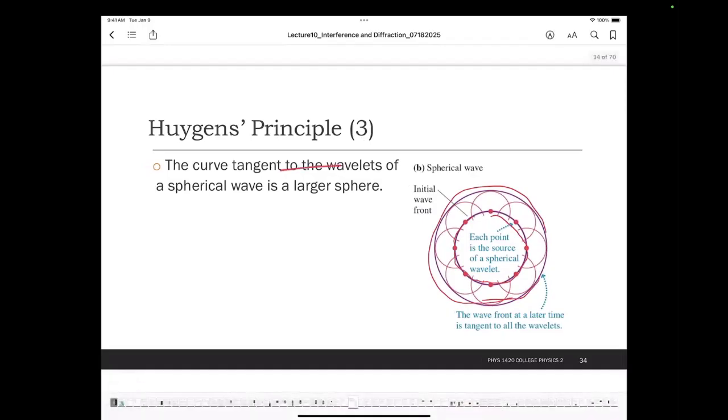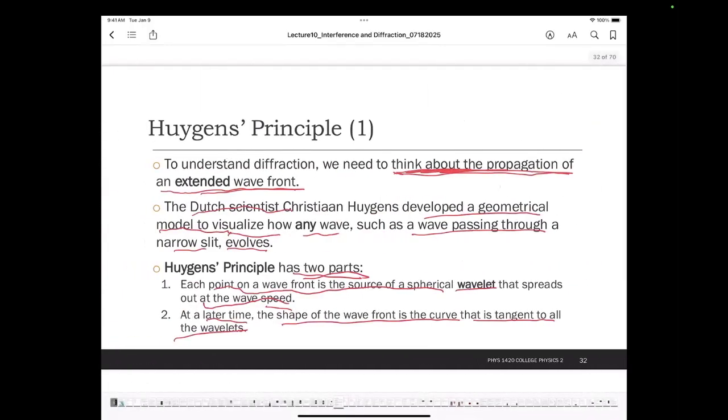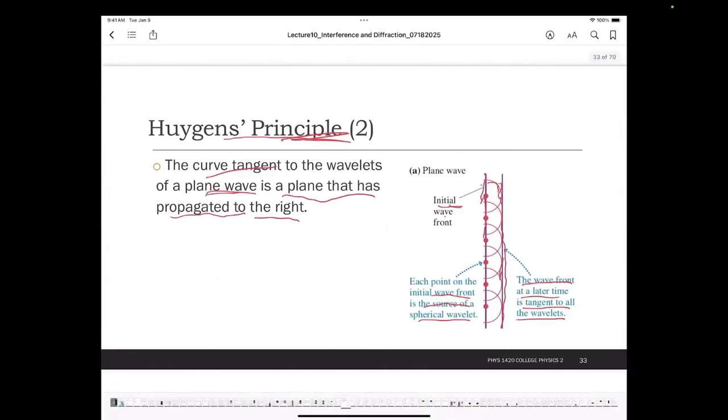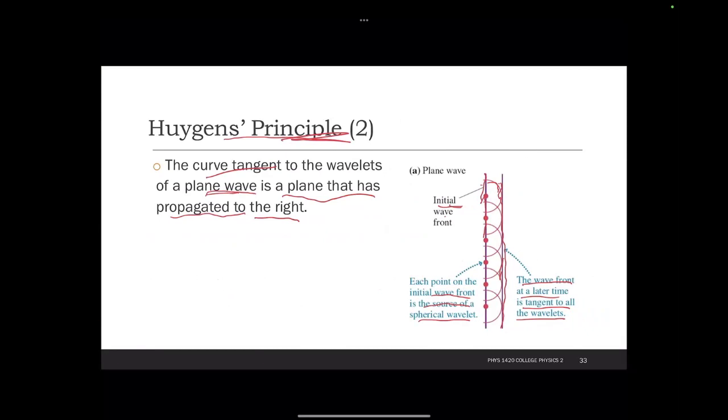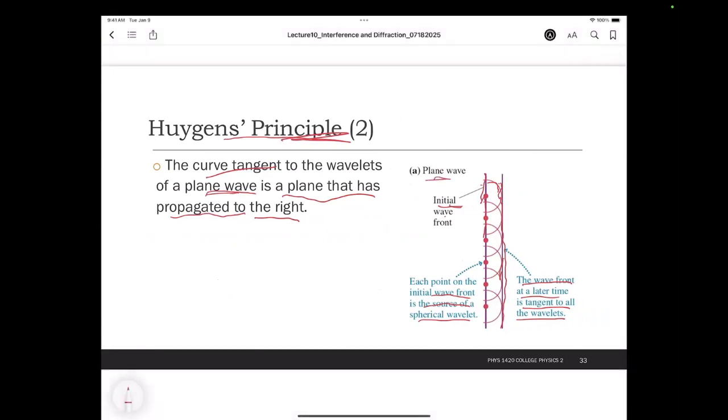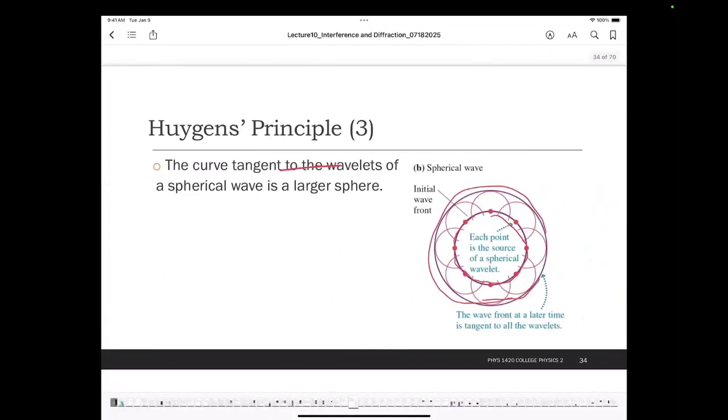It talks about two different situations. One is where the initial wavefront is a plane wave, and the wavefront at a later time is tangent to all the wavelets.